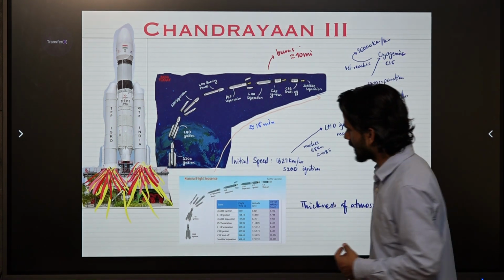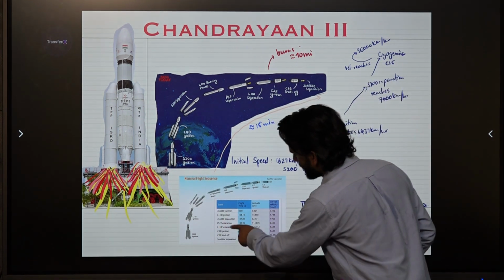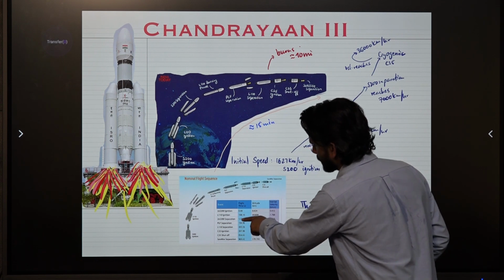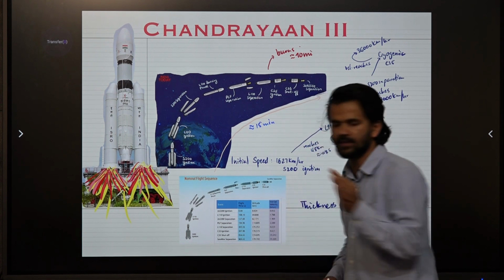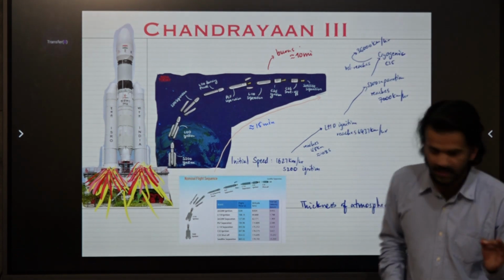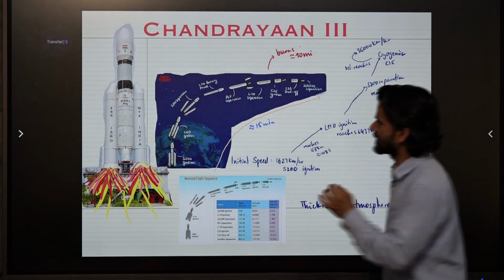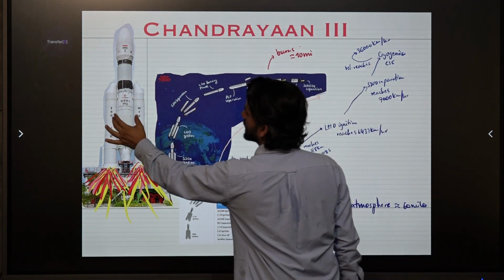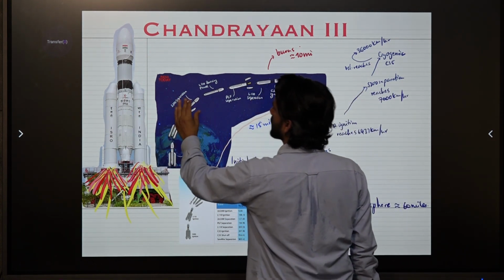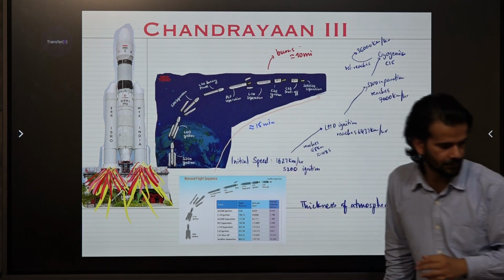And then when it reaches an altitude of 62 kilometers, about 127 seconds later, the S-200 boosters separate from the main rocket, the core stage.